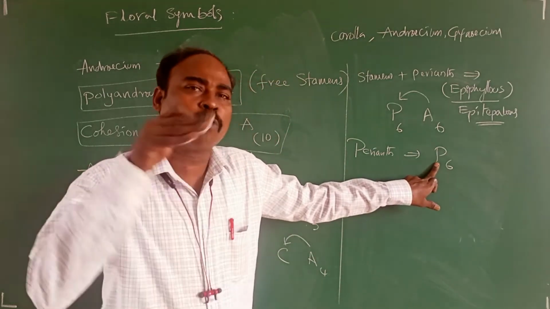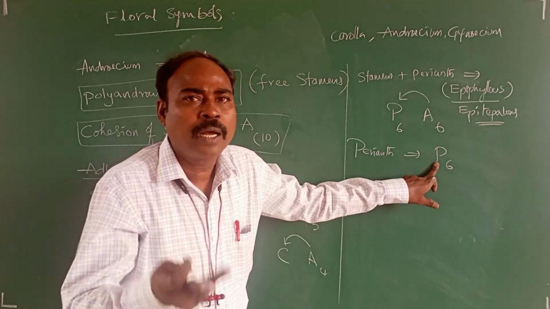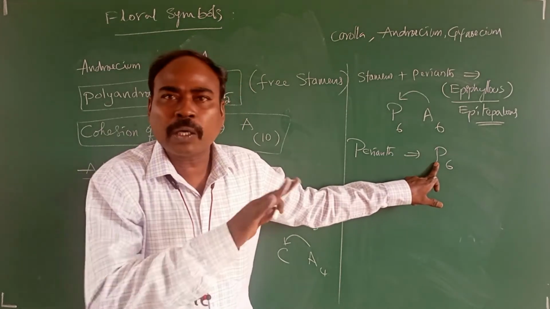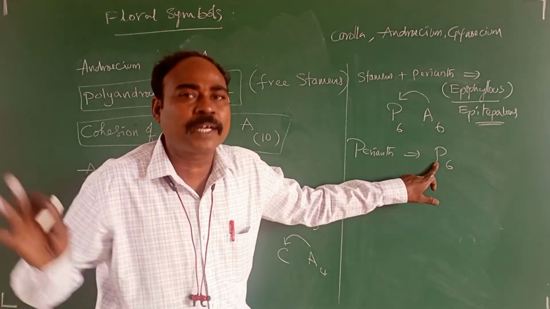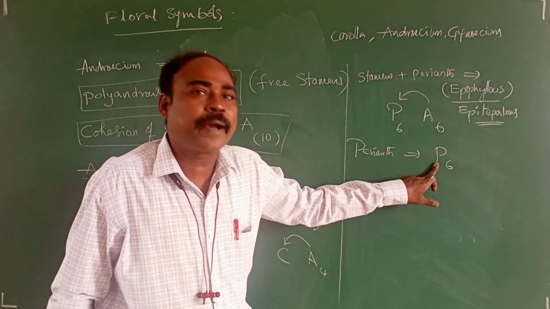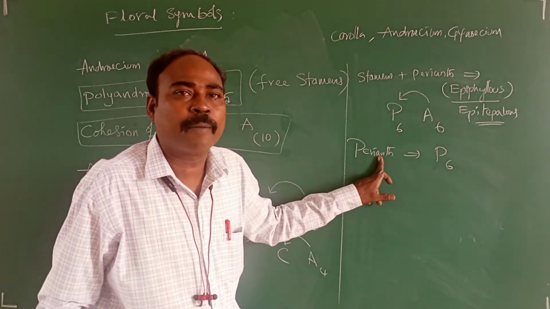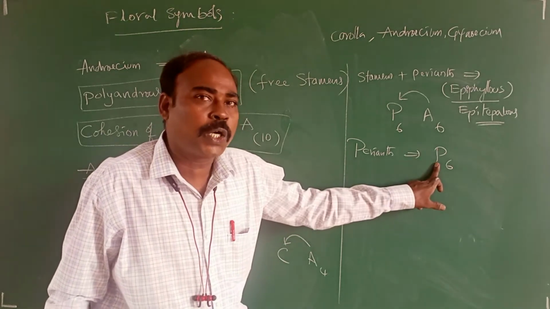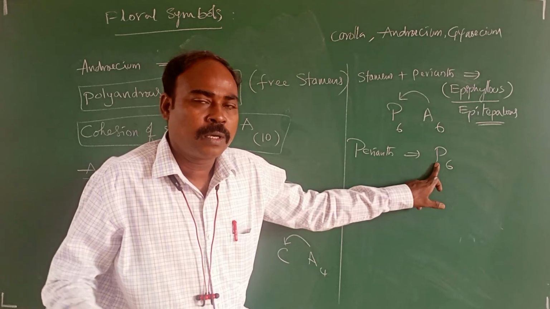Perianth means what? In monocot plants, as I already told, the calyx and corolla are not differentiated. Both are the same. Such a condition is explained with the technical term perianth. The perianth leaves are called tepals.